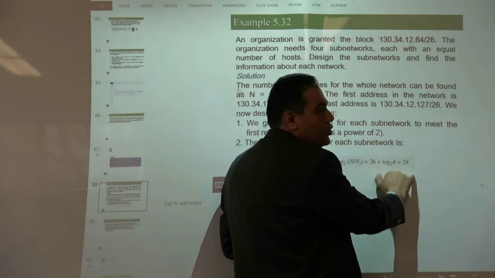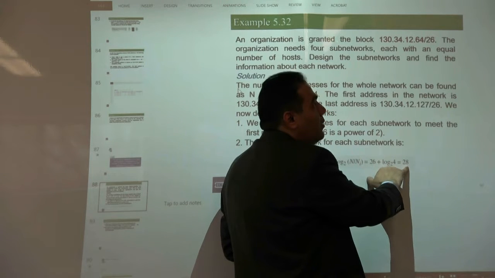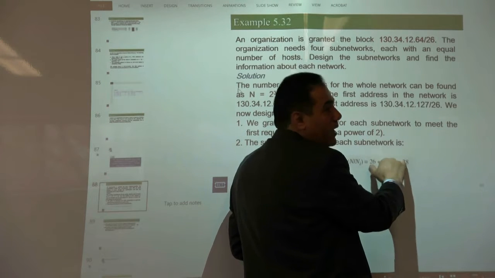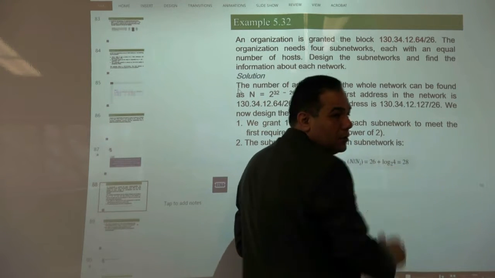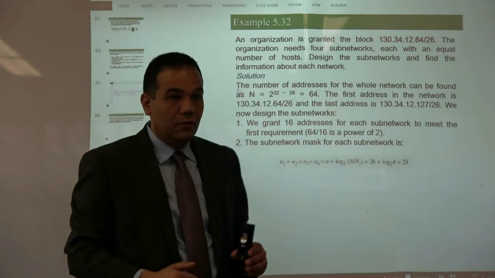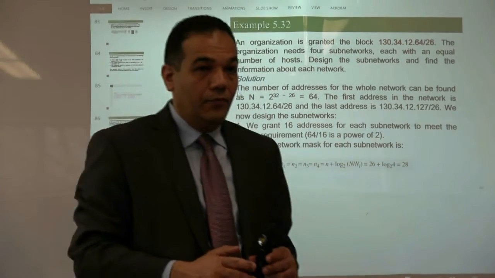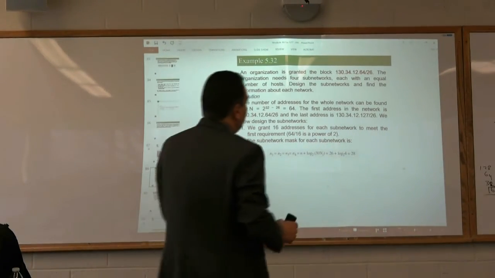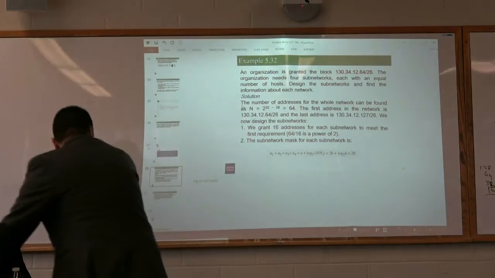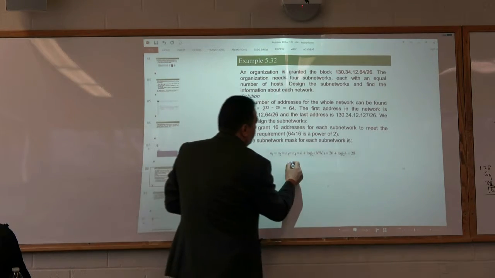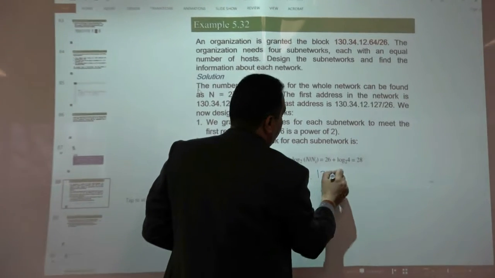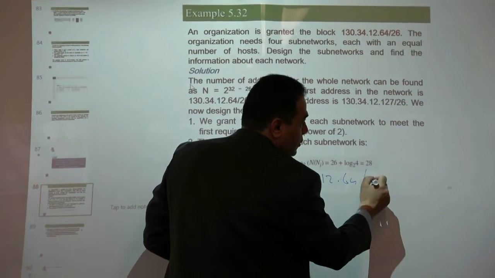So each subnetwork now will be what? It will be /28. Clear? Alright? /28. Okay? And the network will be, okay, 130.34.12.64/28.